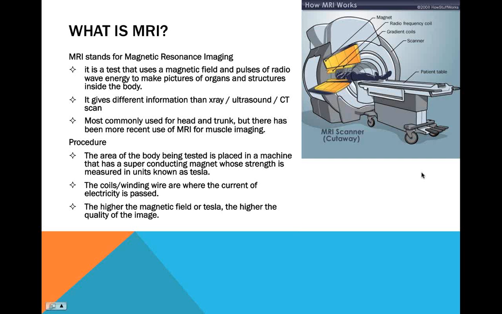The problem is that when you get too detailed, you can also lose picture quality. So there is a happy medium, and 1.5 Tesla is pretty good for imaging muscle.